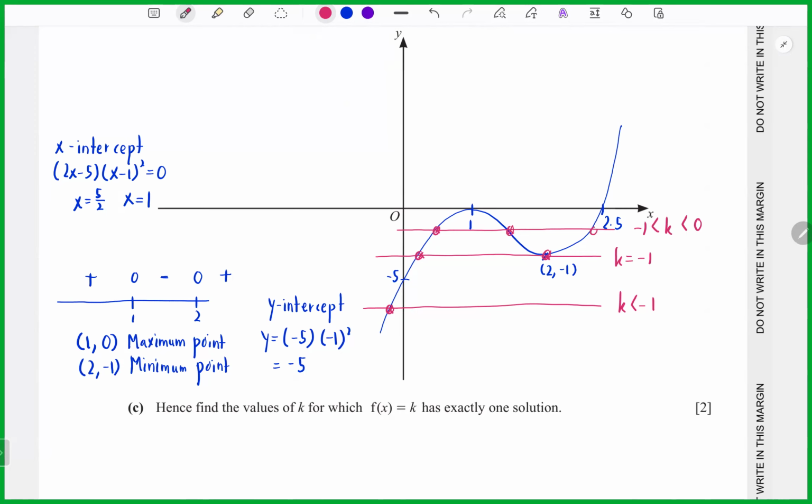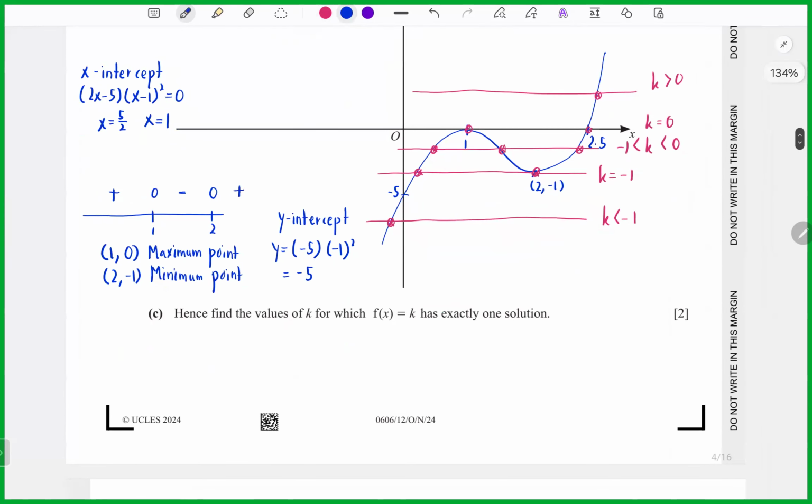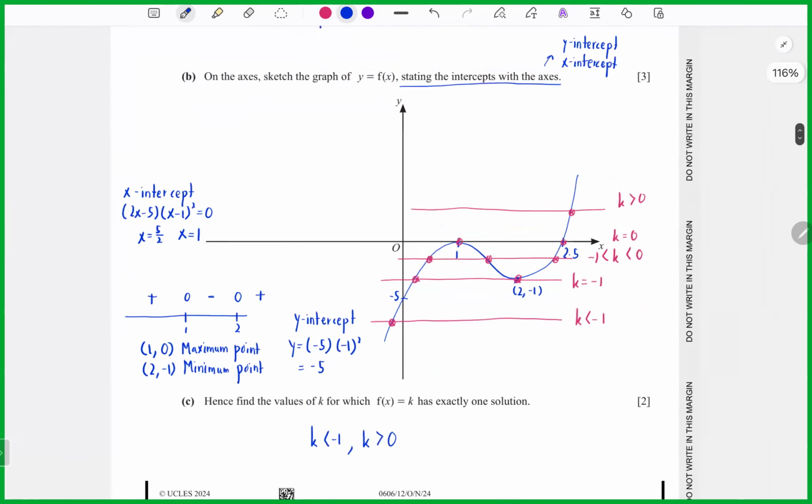Three solutions, right? When k equals to 0, they will show two solutions. When k more than 0, also show one solution. So you have two answers here. K less than negative 1, and one more is k more than 0. So this is your answer here.